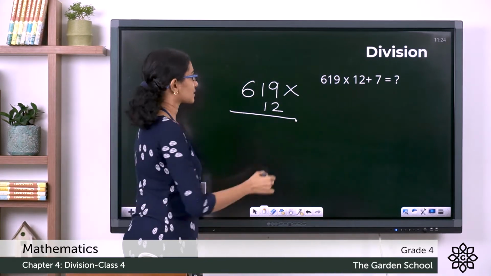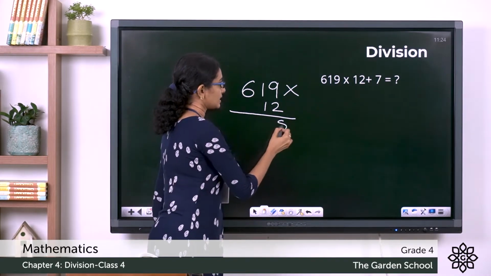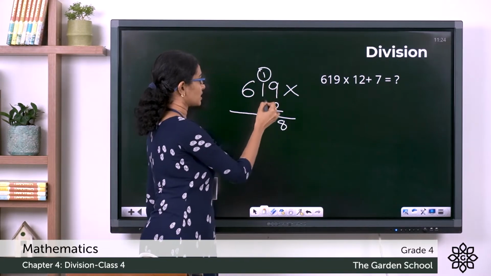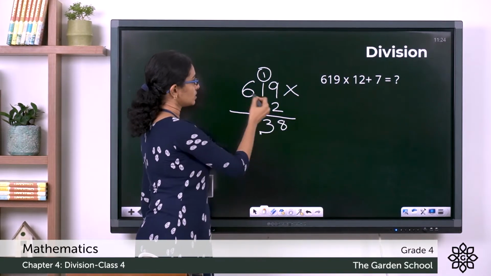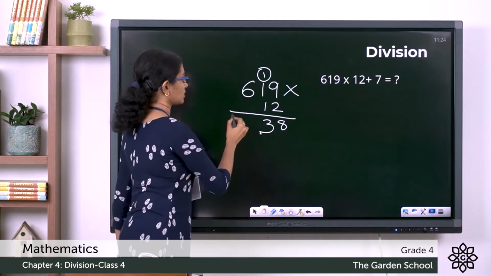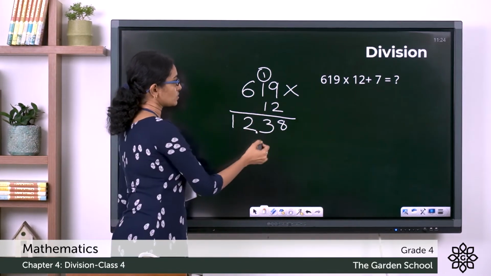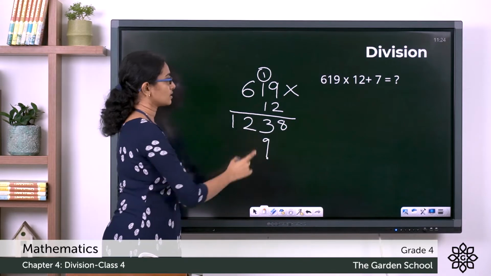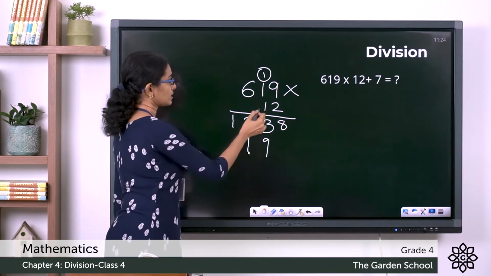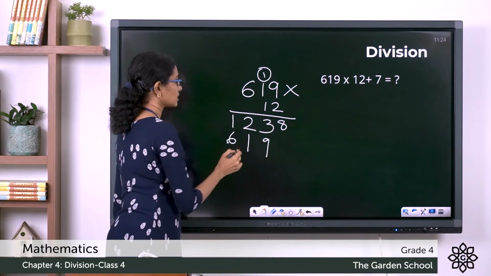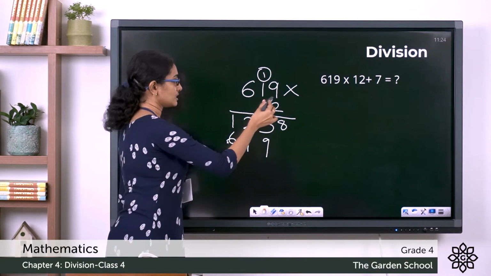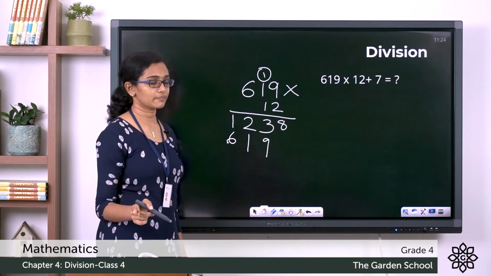Multiplying the ones first. 9 into 2, 18, a carry over 1. 1 into 2 is 2, plus 1, 3. 2 into 6 is 12. Now, the next digit. 1 into 9, 9. 1 into 1, 1. 1 into 6, 6. Keep in mind that when you are multiplying, you are actually multiplying with the place values.